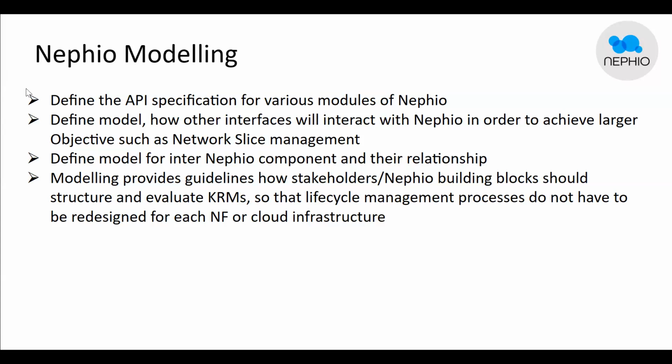So what I'm understanding about your modeling is that we intend to find each and every block of Nefio and then define them. For example, when I was working in NFV, we used to model the rack, the server, the data center, the VMs, the RAM, the memory, everything in XML format.